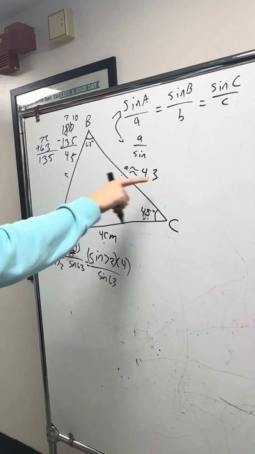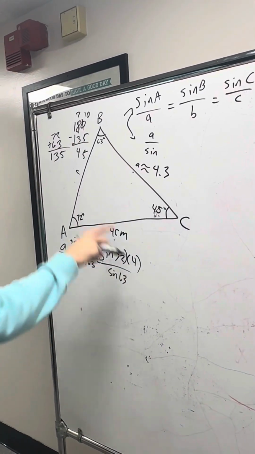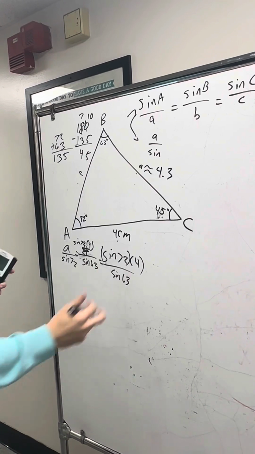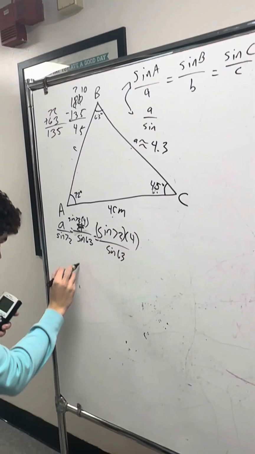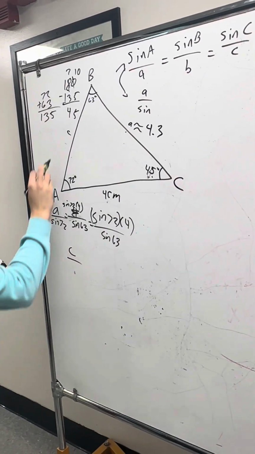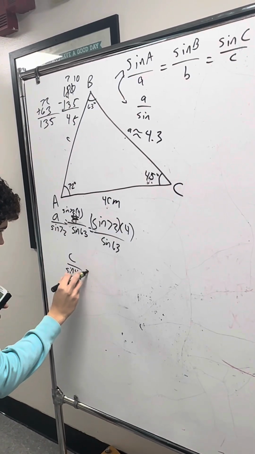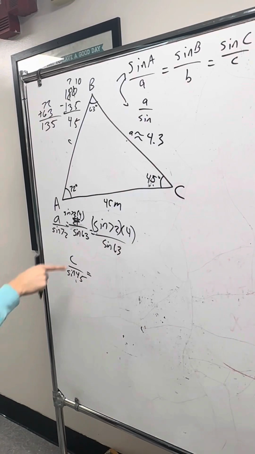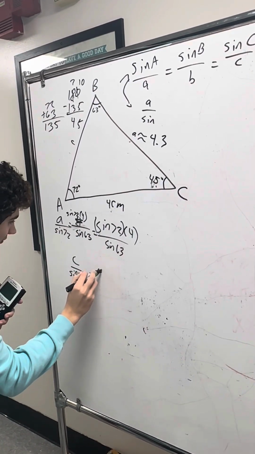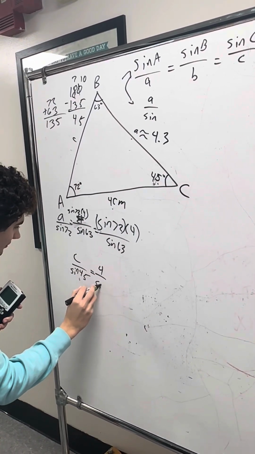So we have that and that, and this and this. Now all we need is little c. So little c over sine of 45 equals, let's use the same one, 4 over sine of 63.